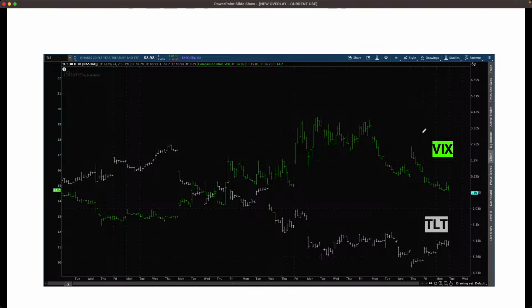The next chart is going to show us the VIX, which is a measure of volatility, a measure of uncertainty, and again, bonds. In the beginning of April, bonds strong, volatility weak. Volatility trades higher, there's more uncertainty in the market. When volatility trades higher, what's happening right now with bonds?